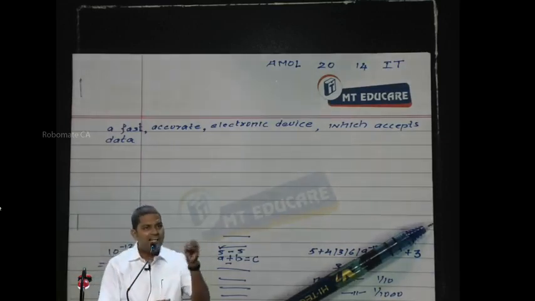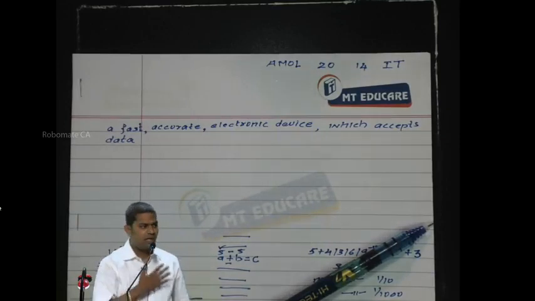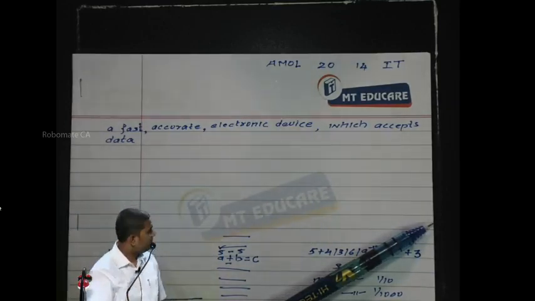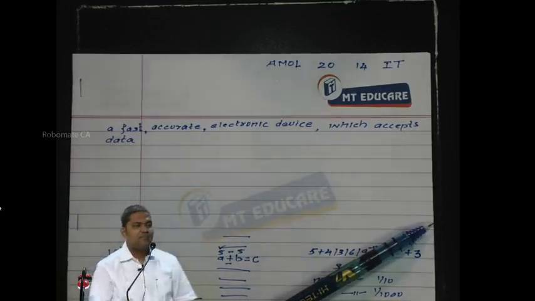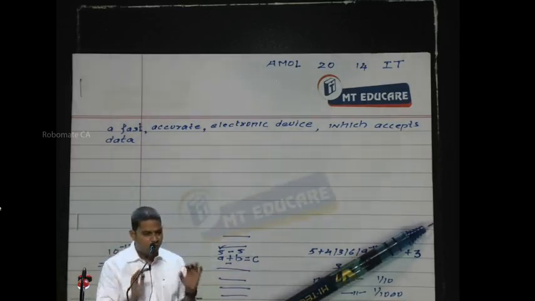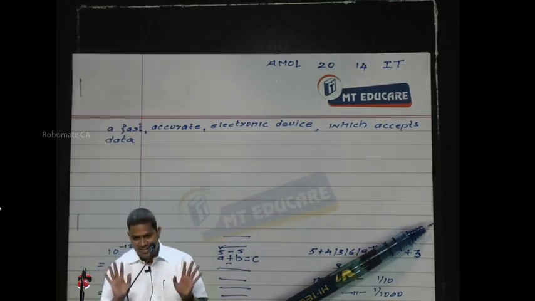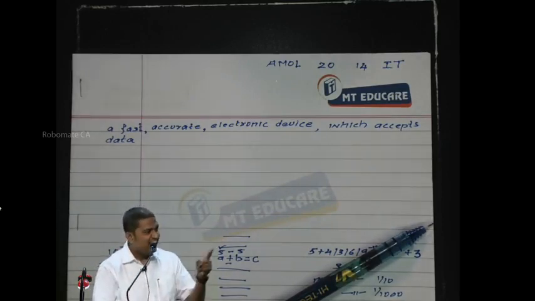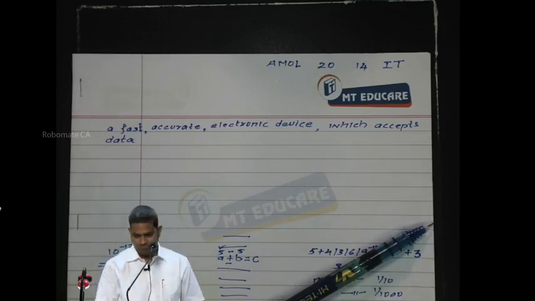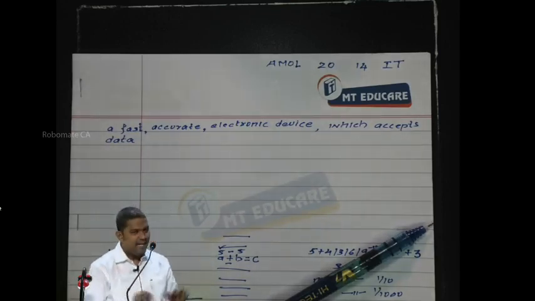Okay, I'll tell you what it means. Amol is my first name. 20 is the number of years I took formal education. First standard to 10th standard, 10 years. 11th standard to TY BCom, that is graduation, 5 years, 15. MCom, 2 years, 17.